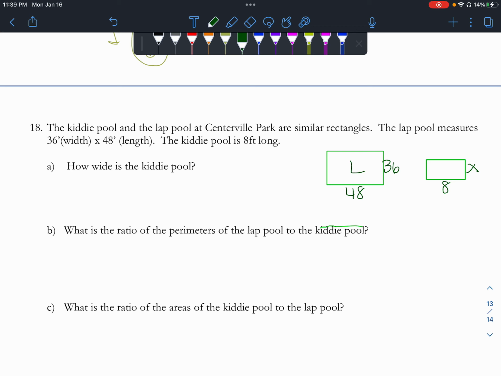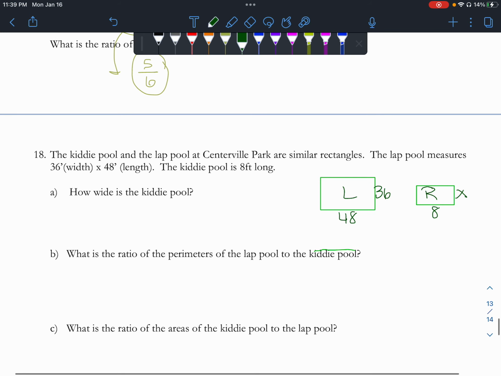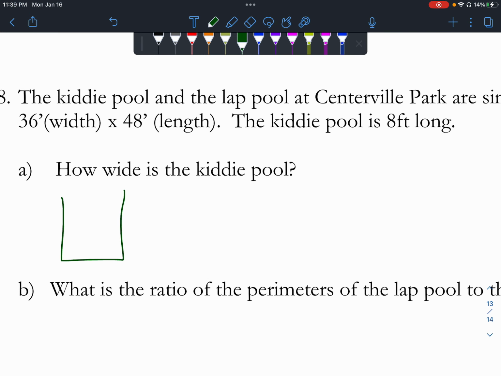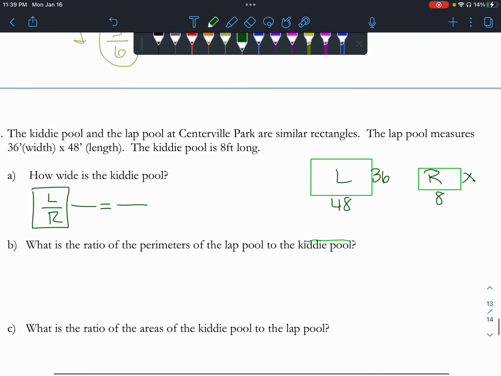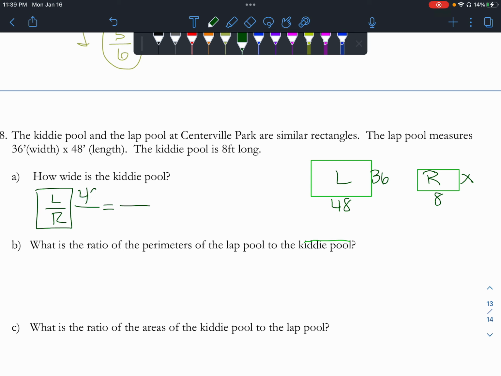So I'm going to do just a left to right comparison here. If I compare these two values, left to right, I end up with 48 over 8. Again, two values that I know that I have, compared with two values that don't really match up for us: 36 for the left, x for the right.